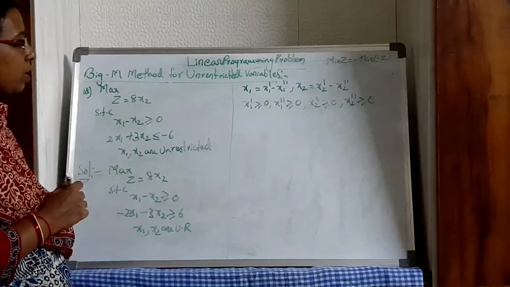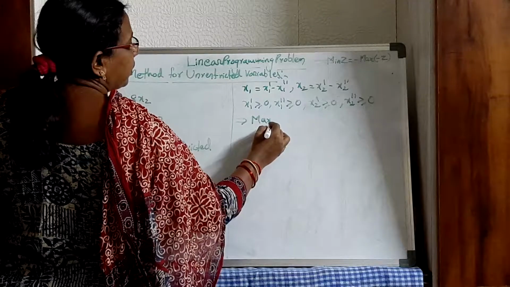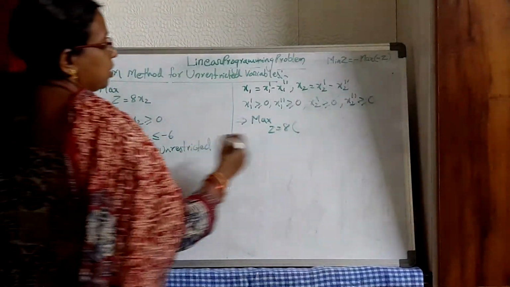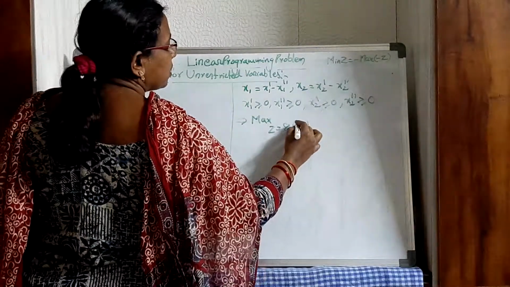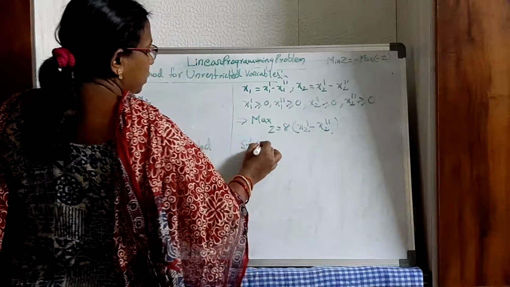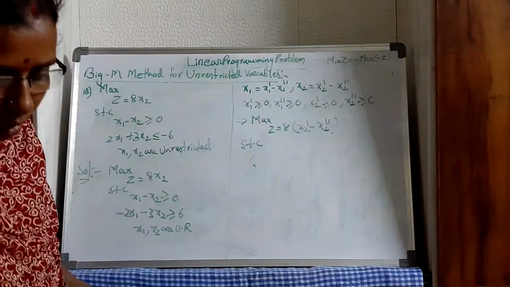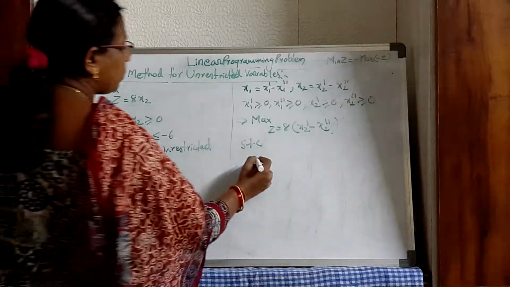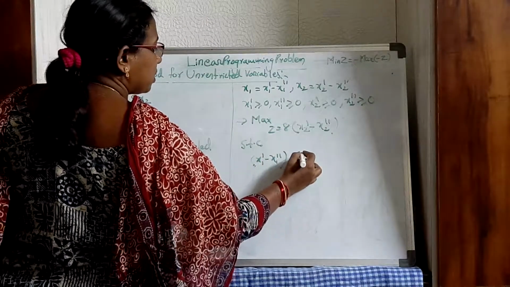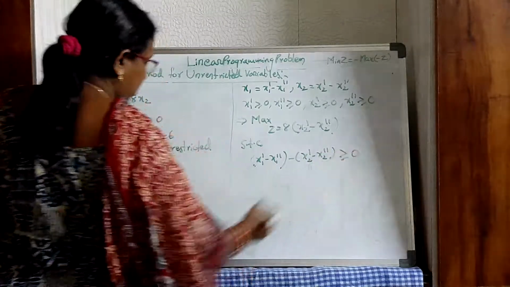Now what you will get is the objective function as maximize z is equals to 8 into, in place of x2, I can write x2 dash minus x2 double dash, subject to constraints. In place of x1 I have to write x1 dash minus x1 double dash minus x2 dash minus x2 double dash greater than or equal to 0.